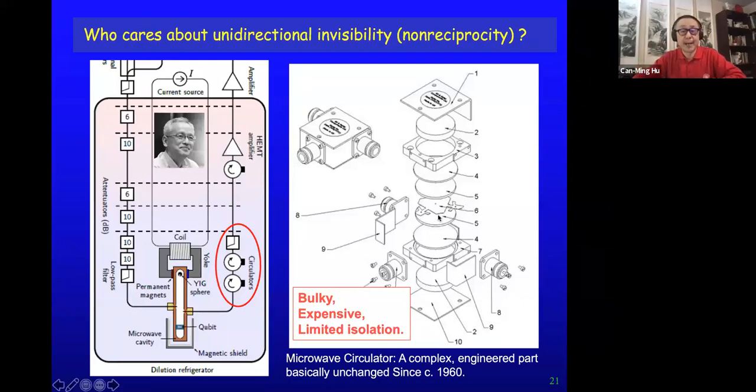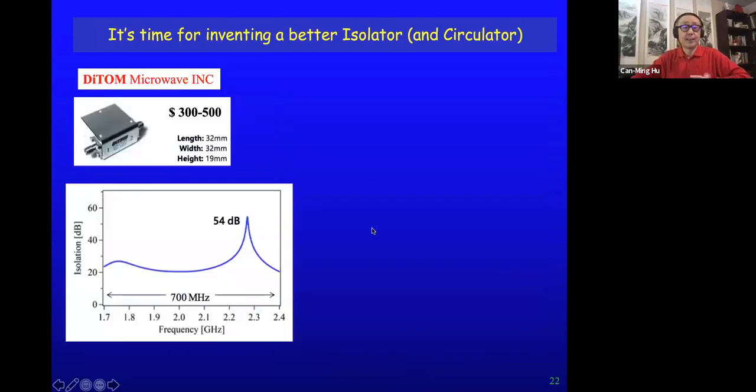And you need a large chunk of ferromagnetic material to have this isolating effect. The device is bulky and expensive, because you need a large chunk of ferrite, and it gives you limited isolation.